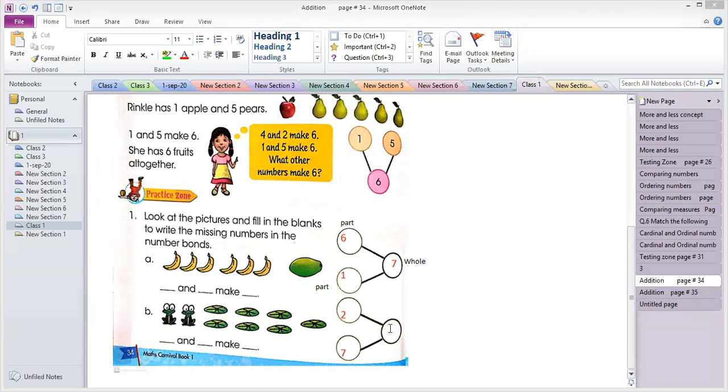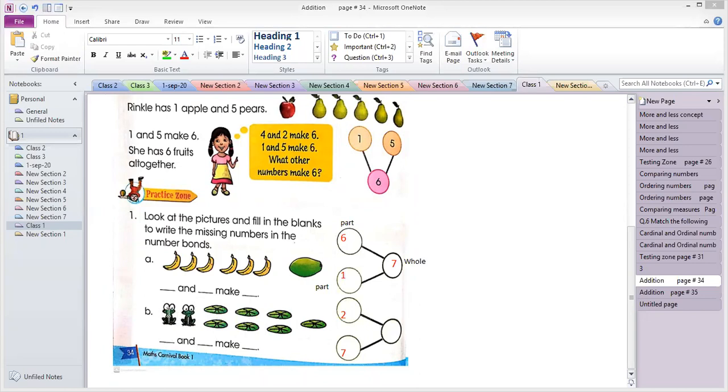What should I write here in the total? 7. Why 7? No, this is 2. These frogs are 2. These are 7. How many total are there? Count all.